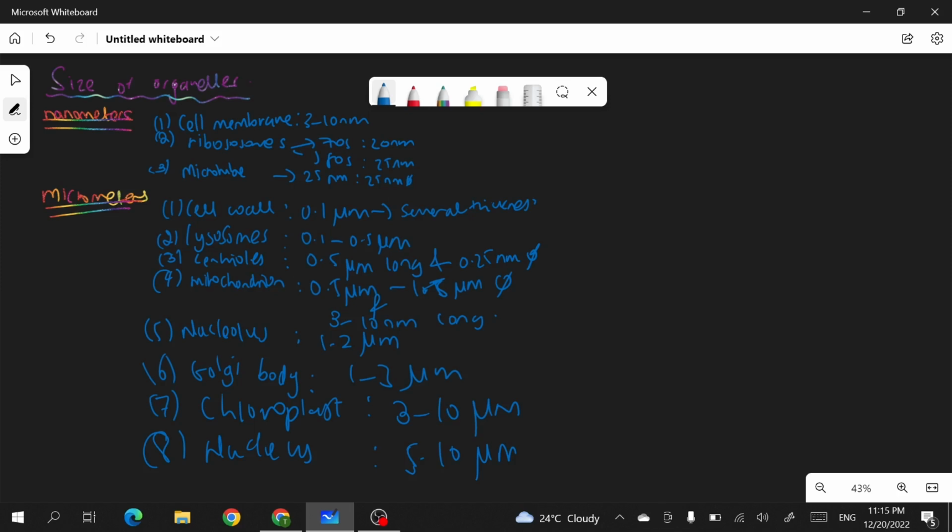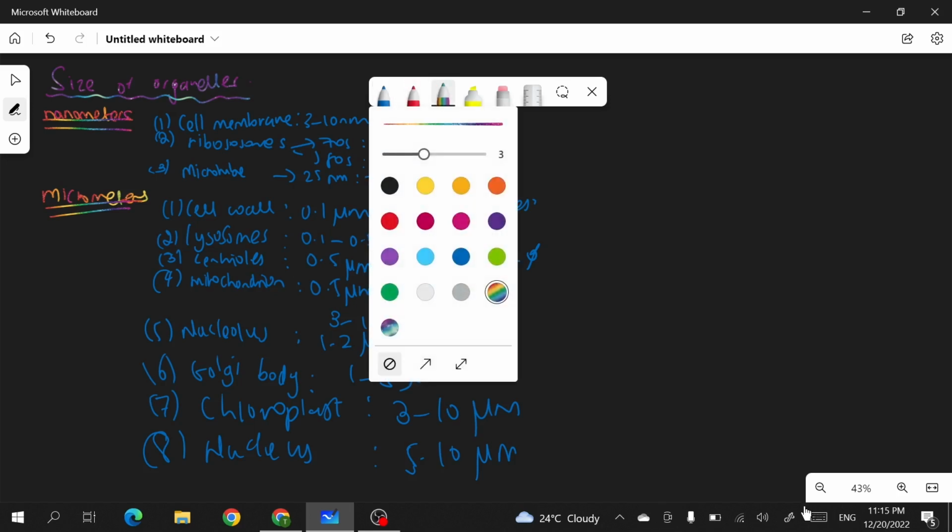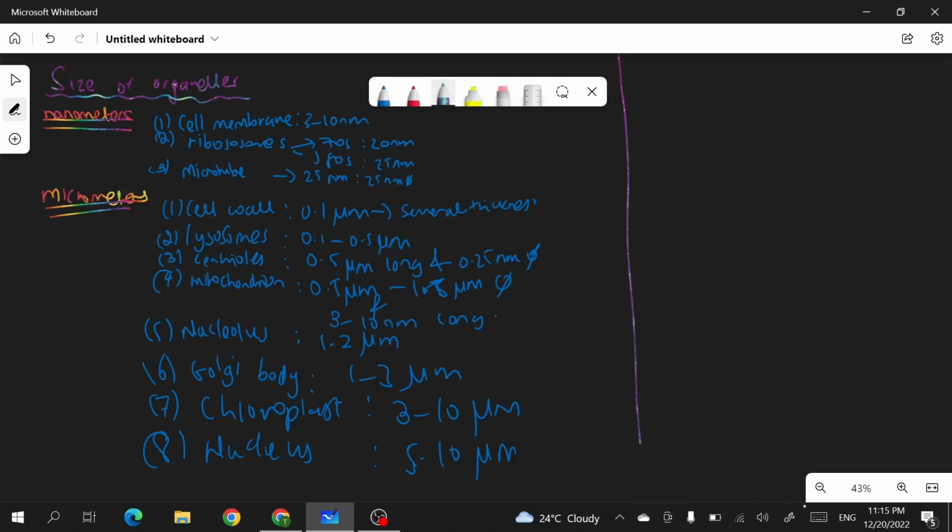All right, we need to move to the next, and these are just important concepts for you to remember. In the mitochondrion, you have the matrix. In the chloroplast, you have the stroma.